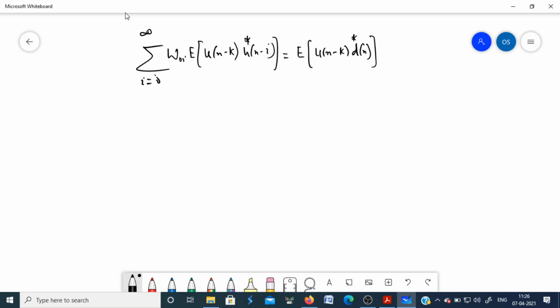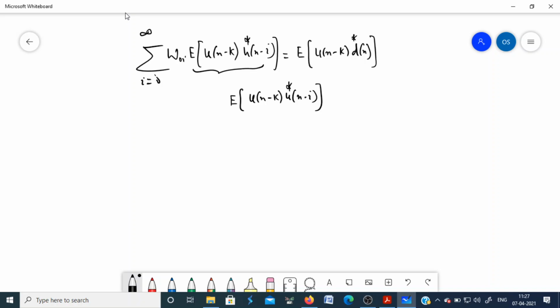Now if you look at this term, E of the expected value of u(n minus k) into u*(n minus i), what will this be?